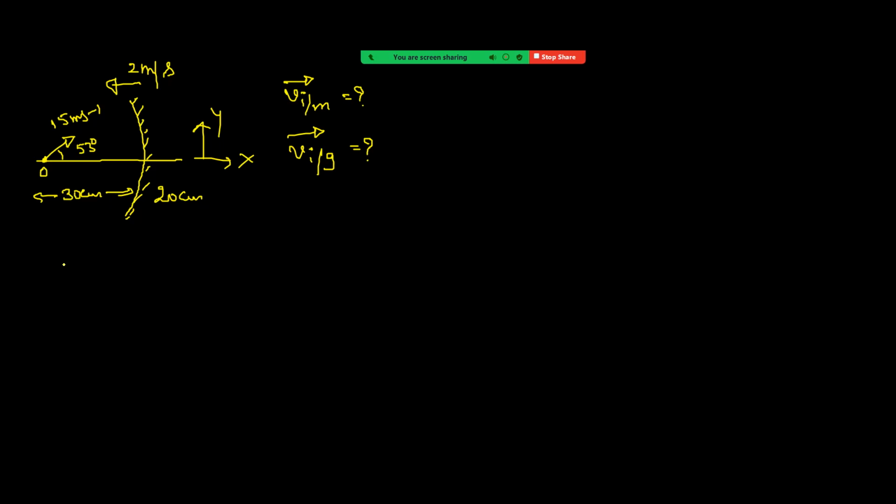We have discussed that velocity of image with respect to mirror along x-axis, means along principal axis, is equal to minus f upon f minus u whole square into velocity of object with respect to mirror along x-axis, with suffix x.